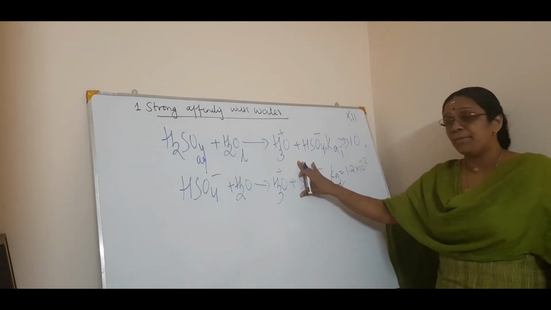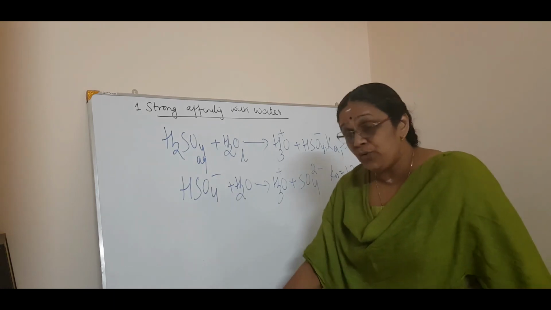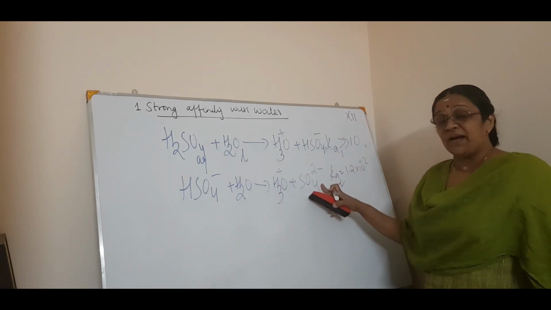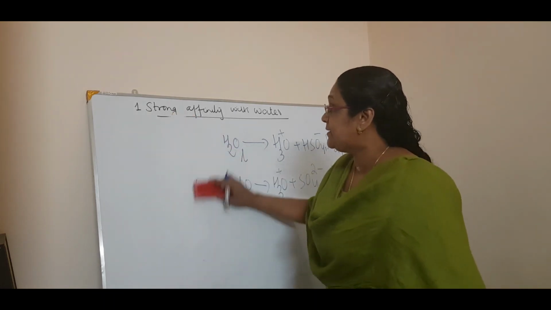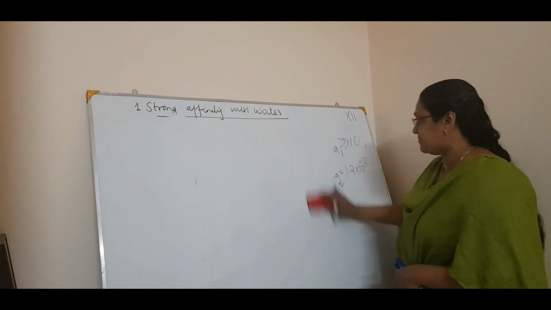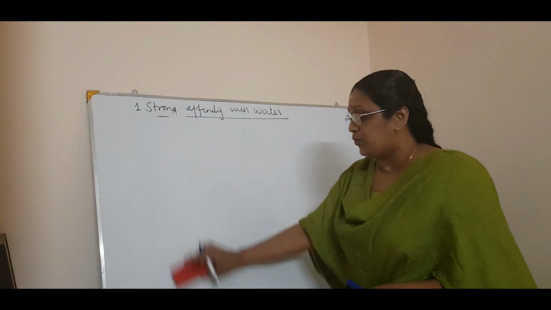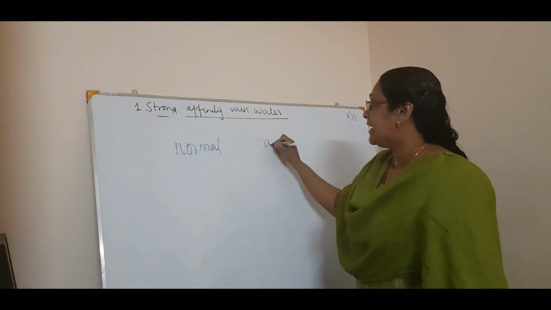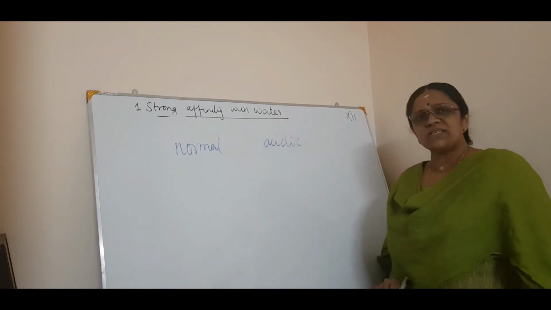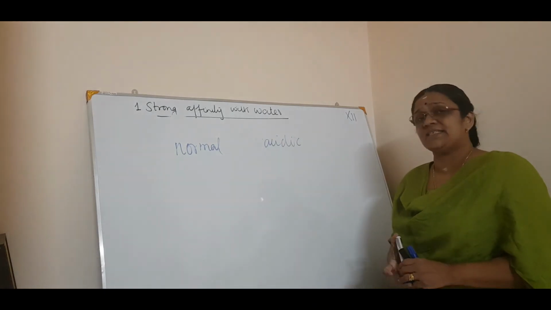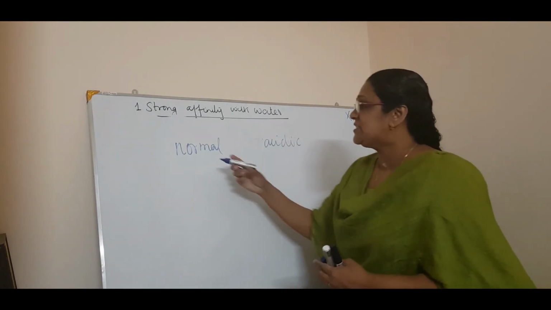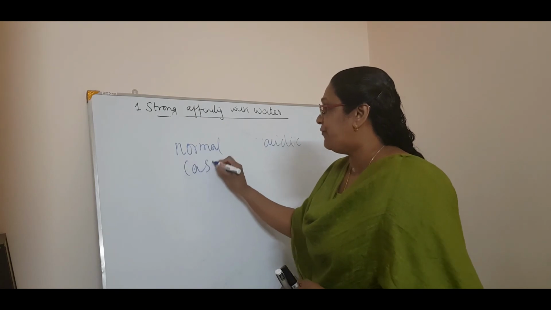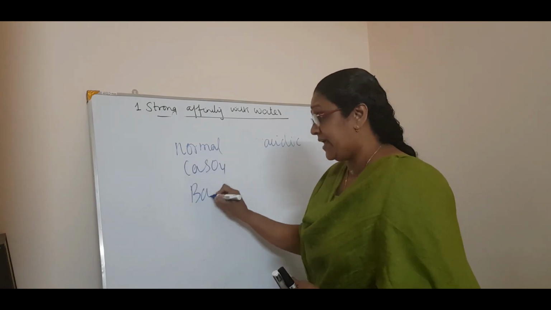This is simple. Now, like this sulfate and bisulfate, sulfuric acid forms 2 types of salts. What are the 2 types of salts you know? One is a normal salt and the other is an acidic salt. What is the difference between a normal salt and an acidic salt? Normal salt means, for example, calcium sulfate or barium sulfate, or potassium sulfate.